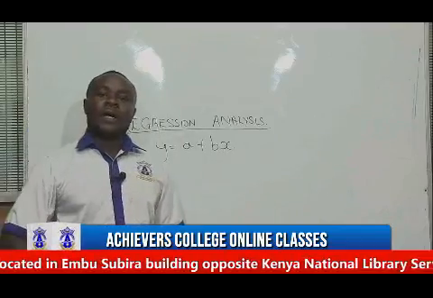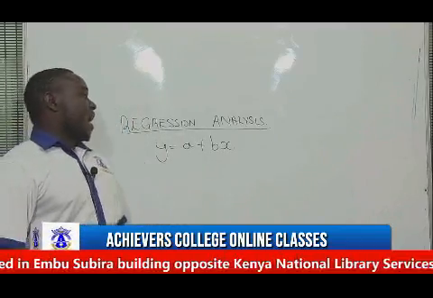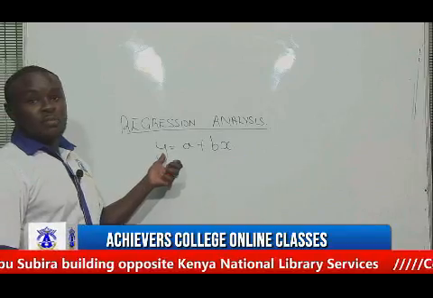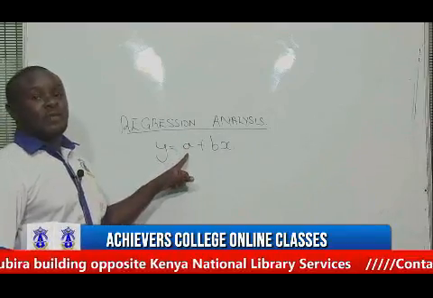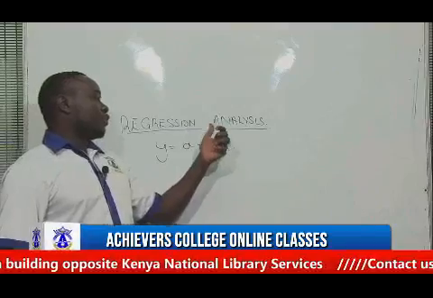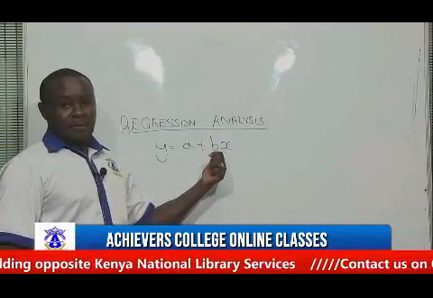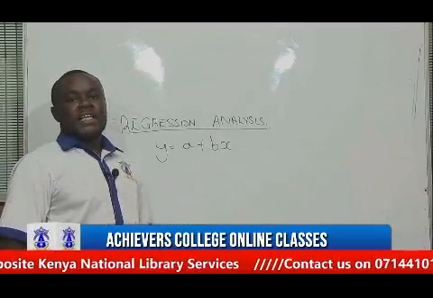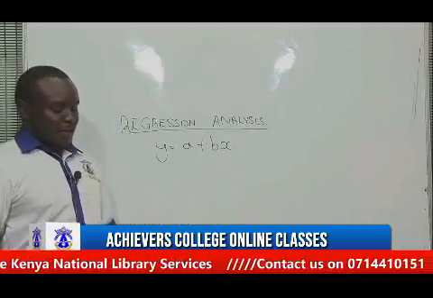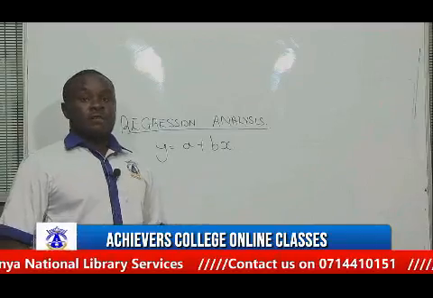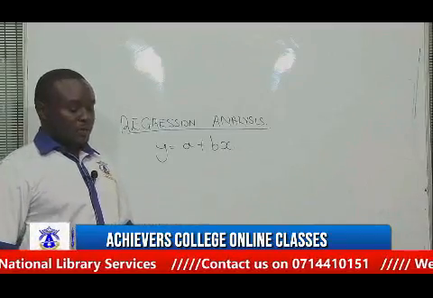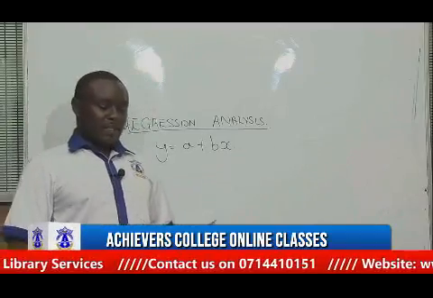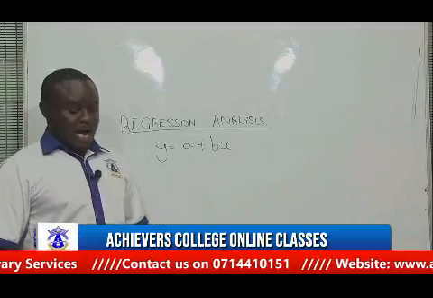That is our regression equation, and when we examine it, we shall be looking at what y is, what a signifies, what b is, and what the variable x represents in regression analysis. So that is the meaning of regression analysis. We have said it's a statistical method of determining the relationship between two variables.